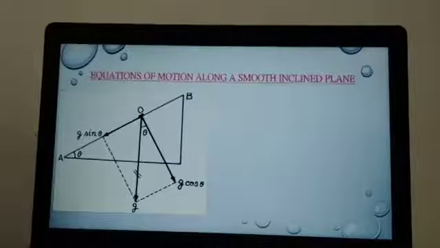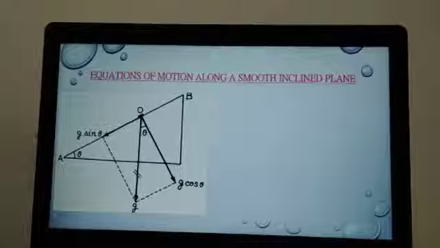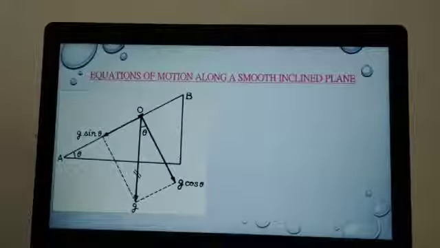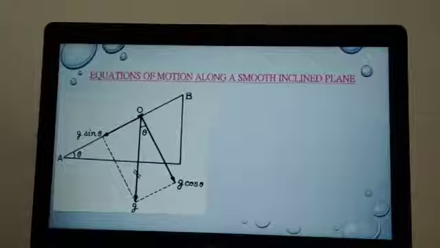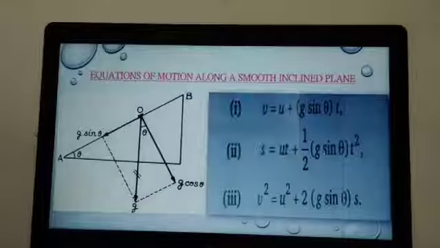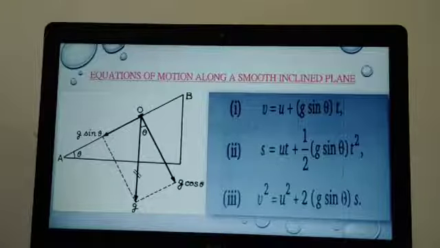So the equations of motion will become, first equation, v is equal to u plus at. I am talking about the particle sliding down. So v is equal to u plus at, and that a can be replaced by g sin theta. So the equation will become v is equal to u plus g sin theta into t.